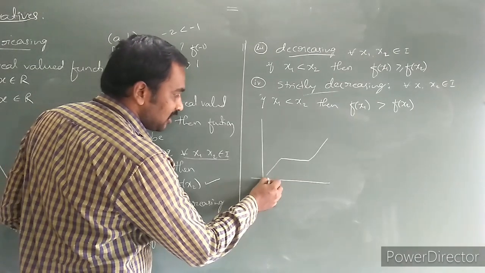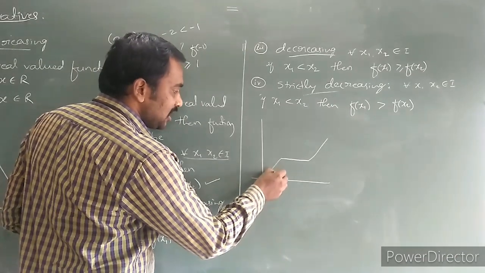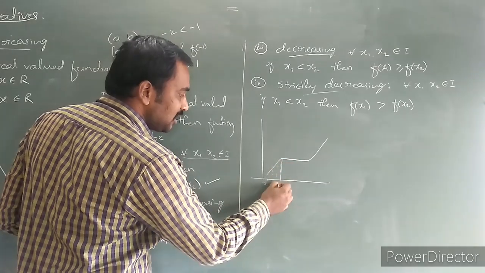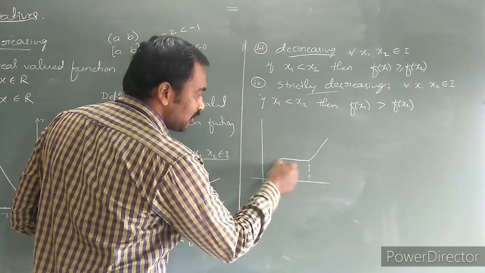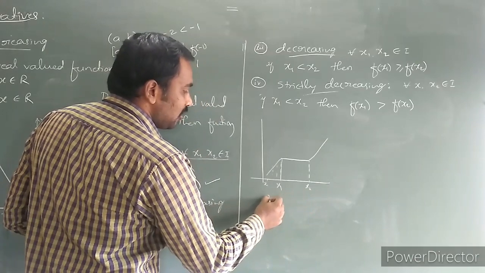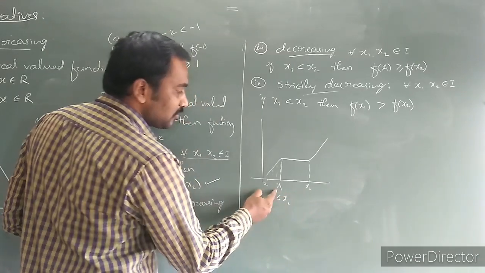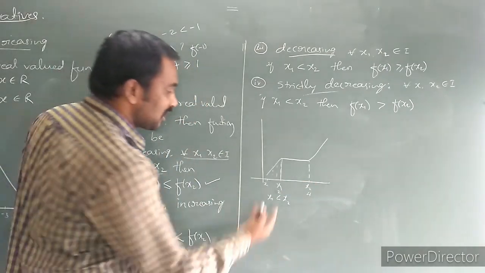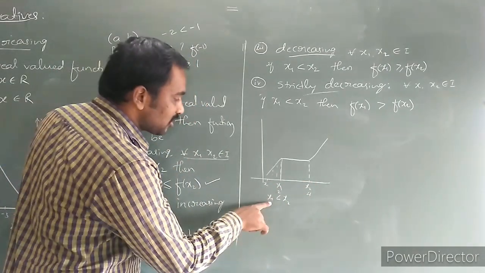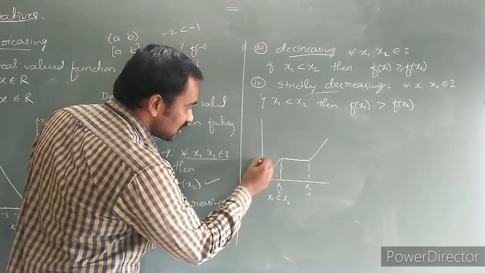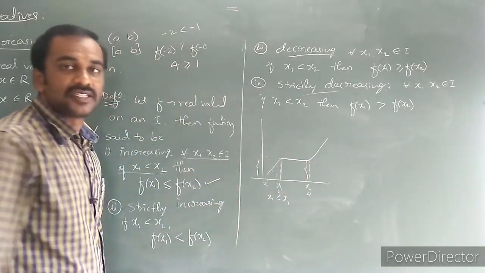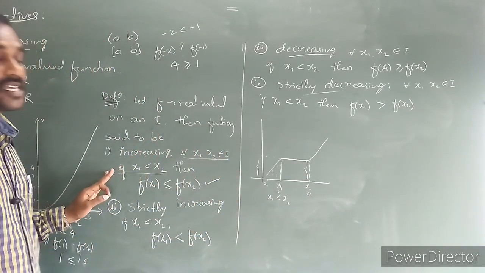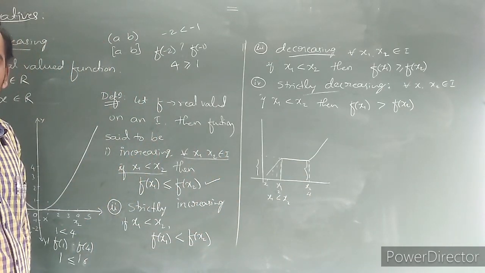Observe that here is the x1 value, here is the x2 value, and obviously x1 is less than x2. Suppose the x values are 2 and 4. And observe that f of x1, this distance, is the same as this distance. In such cases we say the given function is just an increasing function.